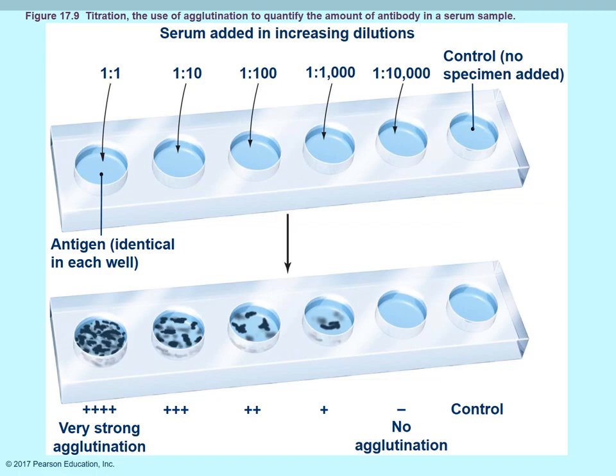So 1 to 10 dilution between each well, and it shows listed what the final dilution, total dilution is. And then you add your sample and you look for the agglutination. So on this one, where you see the clumping is at the 1 to 1,000.